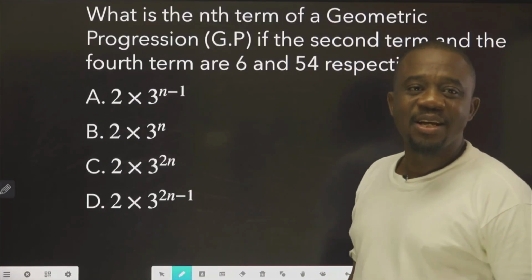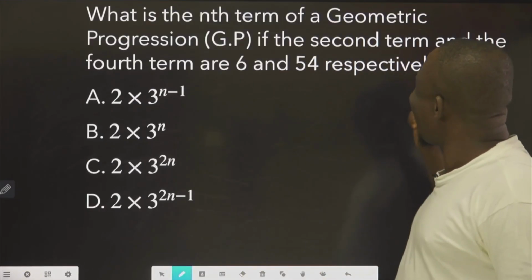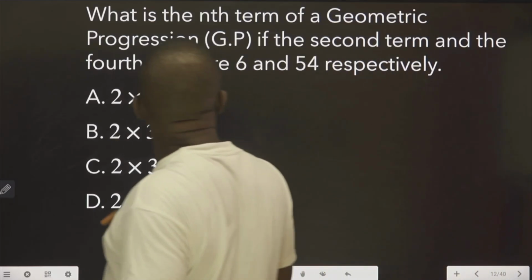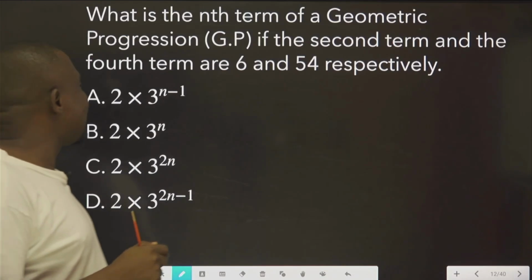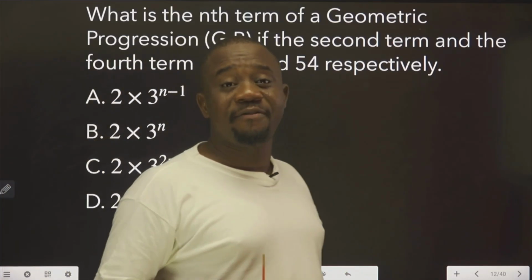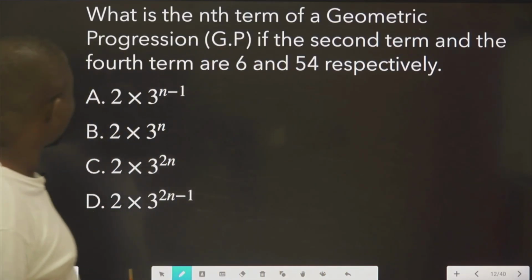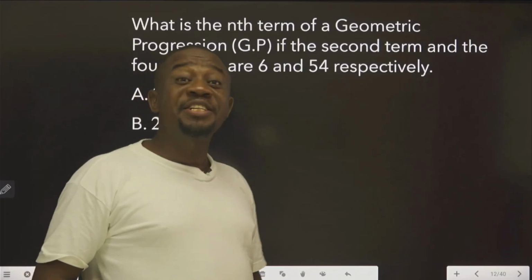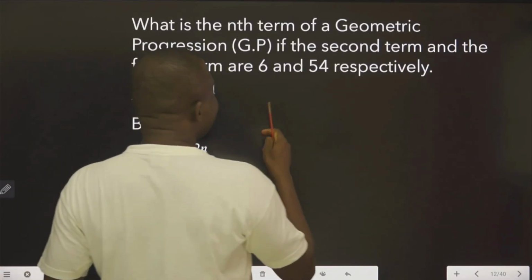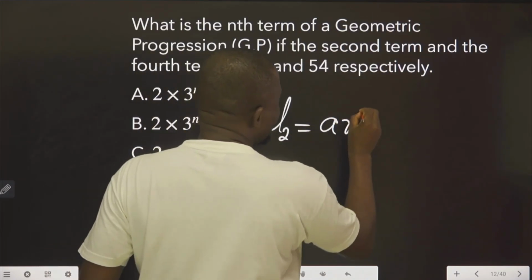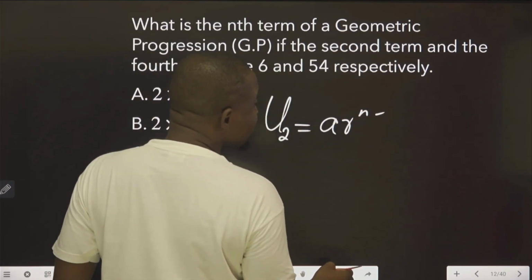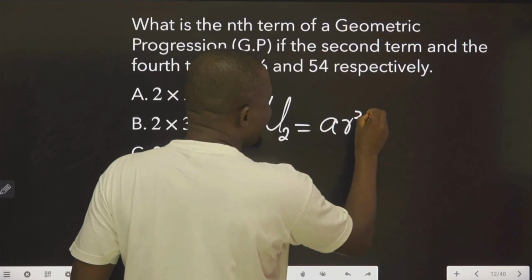Let's look at this. It says, what is the nth term of a geometric progression, GP, if the second term and the fourth term are 6 and 54 respectively? Okay. For geometric progression, when you are dealing with the term, the second term, you use n minus 1, right? So because this is 2, we say 2 minus 1, right?